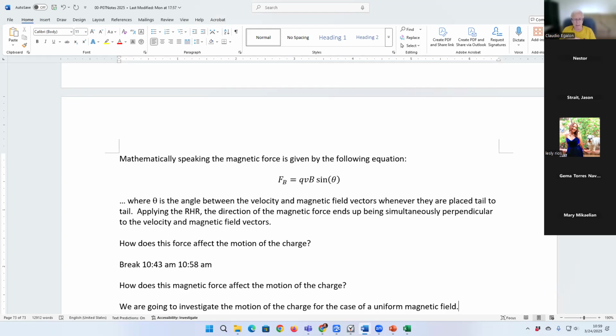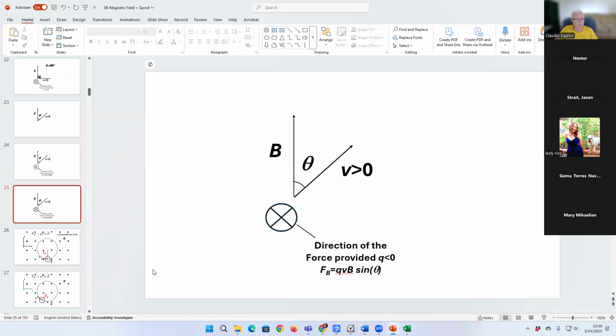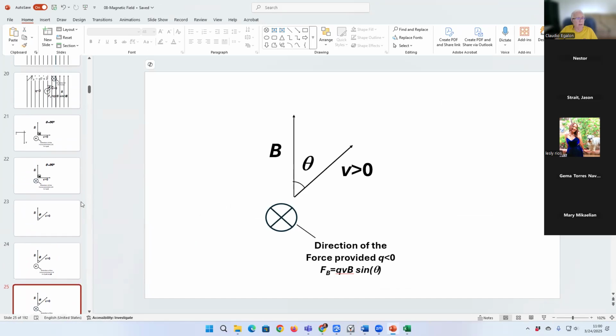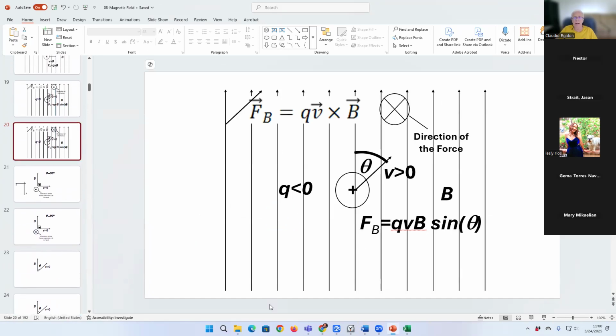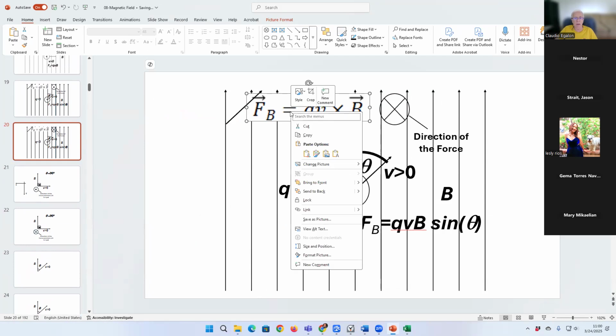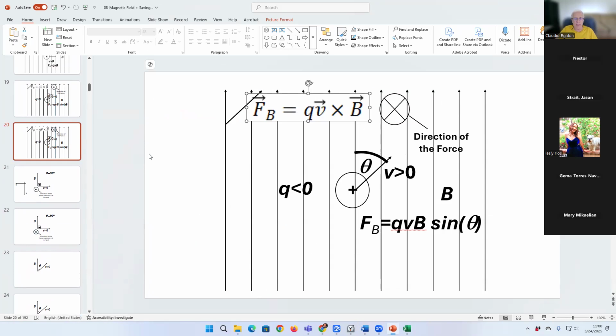So we're going to look at the simplest case, which is a uniform magnetic field. It is represented just like that: the lines of magnetic field are evenly spaced, and we can start thinking about what the motion of the charge is going to be.